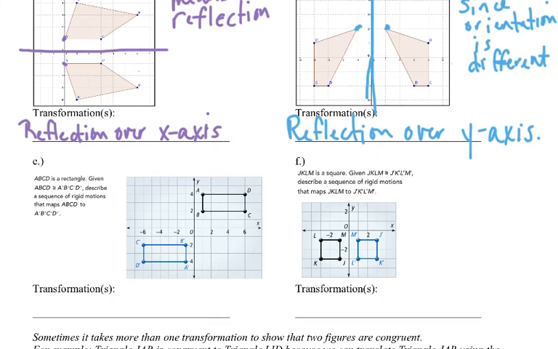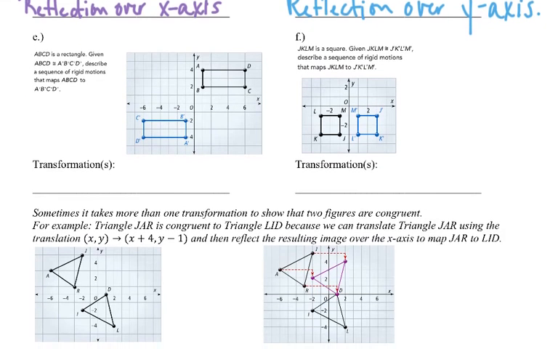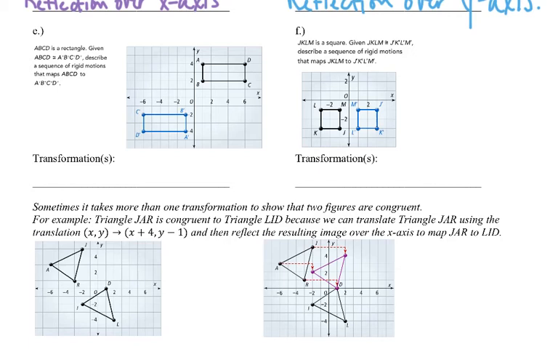Okay, moving on to part E, look at the orientation. A, B, C, D goes counterclockwise. A prime, B prime, C prime, D prime also goes counterclockwise. So same orientation means it can't be a reflection. That means it has to be either a slide or a turn.